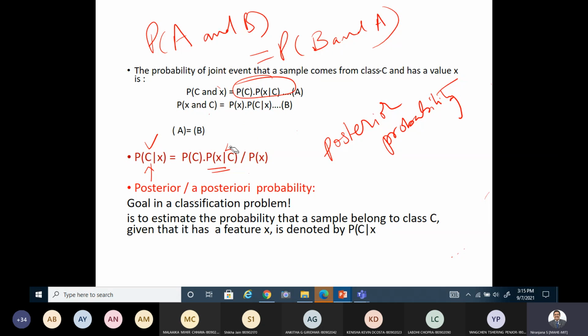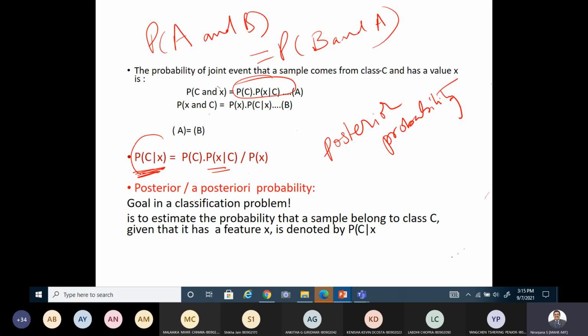Given the class, you will be expressing this with respect to X, right? The probability of X given class C. But what is this P of C given X? Why do you call it a posterior probability, or what is the benefit of that?